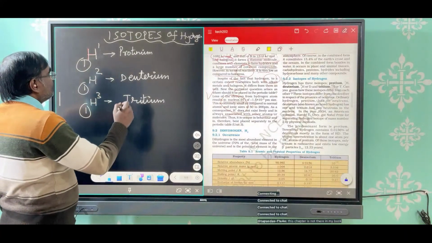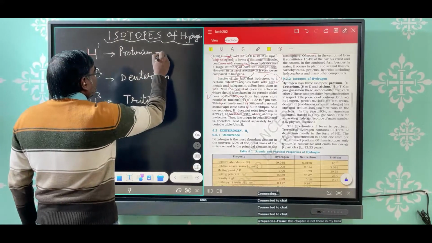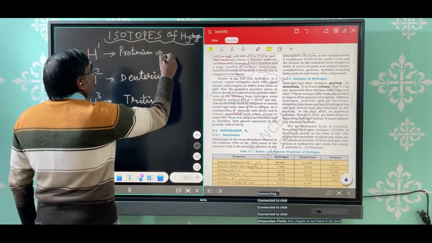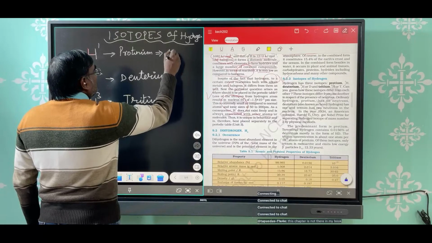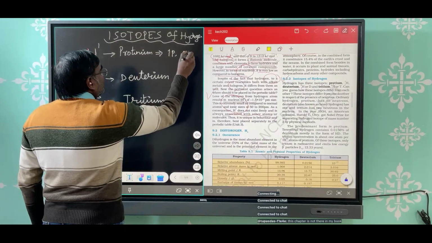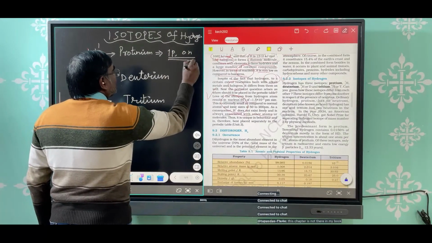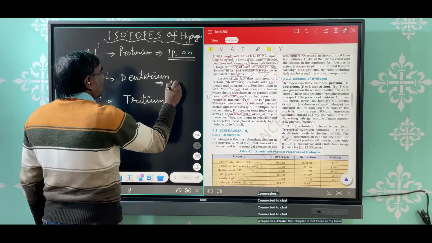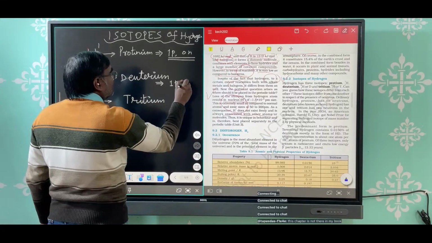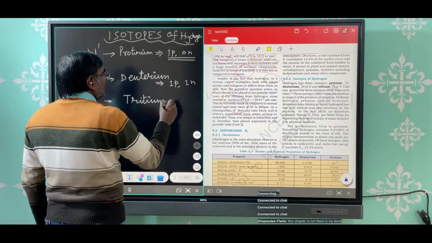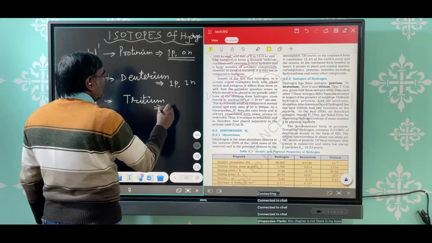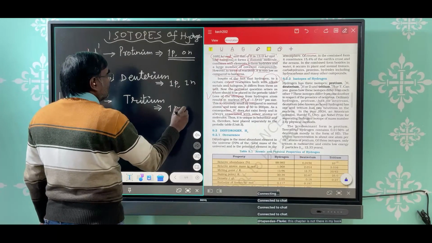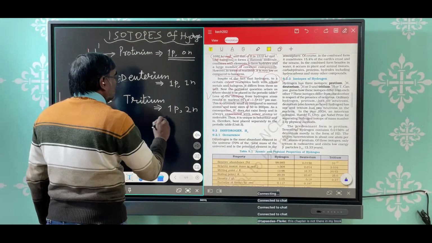So here, if you write the number of protons and number of neutrons: protium has one proton, zero neutron. I am talking about the nucleus. And in deuterium, one proton, one neutron. And in tritium, one proton and two neutrons.